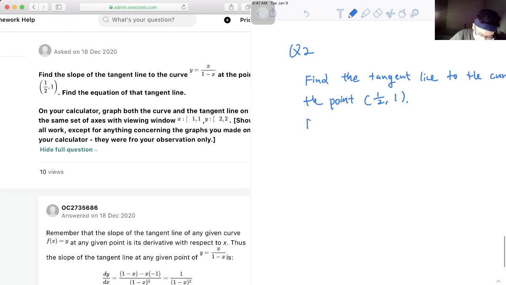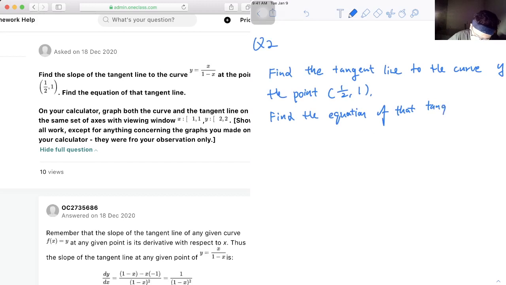And we need to find the equation of the tangent line.